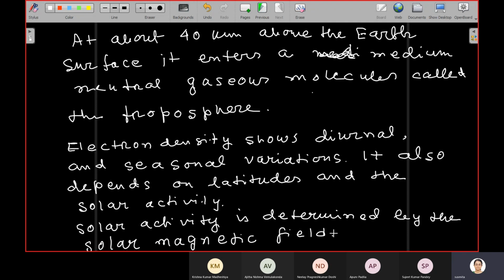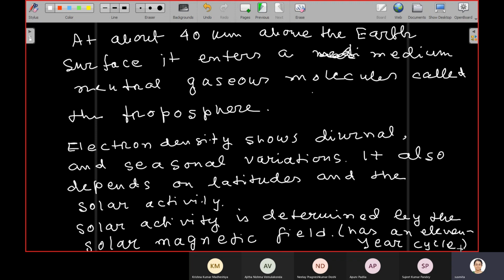You may know that the solar magnetic field follows an 11-year cycle. During this 11-year cycle, the sun is not always active.